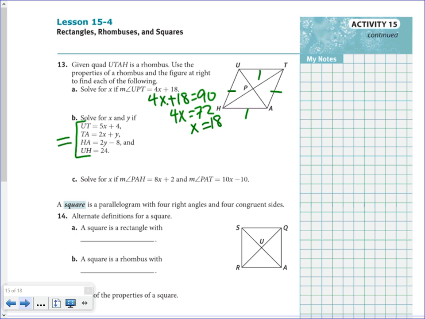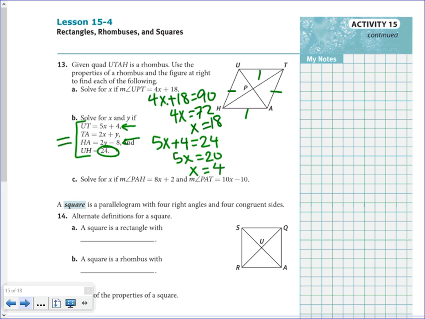The easiest option is going to be to pick 24 and another equation that only has one variable. So the first and the third one have only one variable. You can absolutely use the 2x plus y. It's just going to require a little bit more algebra. So 5x plus 4 equals 24. Subtract 4, and you have 5x equals 20. Divide by 5, x equals 4.